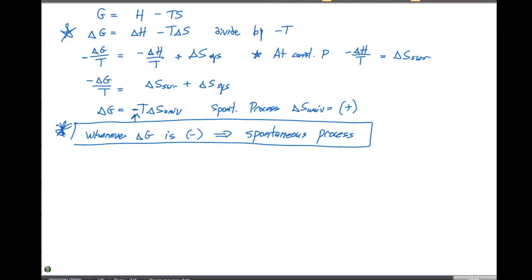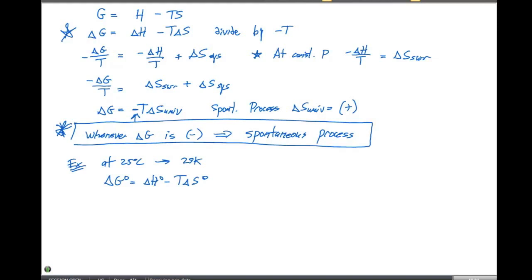So if we go back to the previous example that we performed, and we say this example is performed at 25 degrees Celsius, that means we're at 298 K. We know that our delta G naught is going to equal delta H naught minus T delta S naught. All of our calculated values at the end of the textbook in the appendix are calculated under standard conditions.